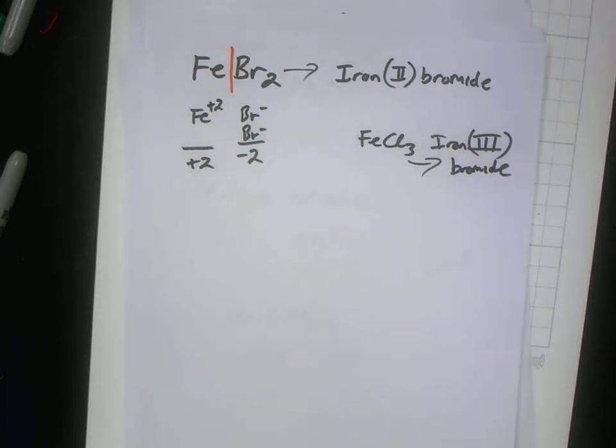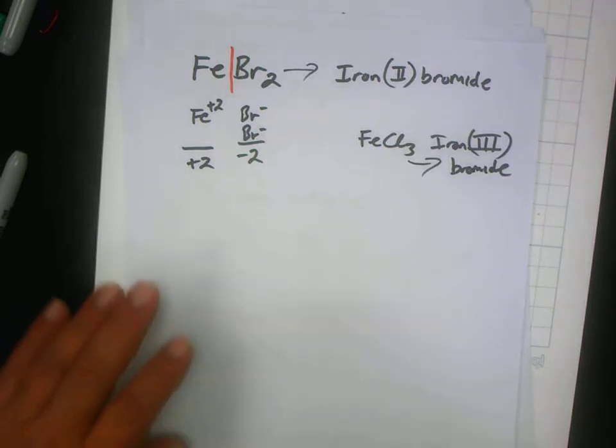As opposed to the main group metals, which are in columns 1, 2, and 13. You never have to tell me that you have calcium 2. Calcium's always calcium 2. There is no other calcium other than calcium 2. You don't have to tell me that it's potassium 1 because it's always potassium 1. You just say calcium or potassium. But on iron, you have to tell me whether it's iron 2 or iron 3. On copper, you have to tell me whether it's copper 1 or copper 2. Okay?